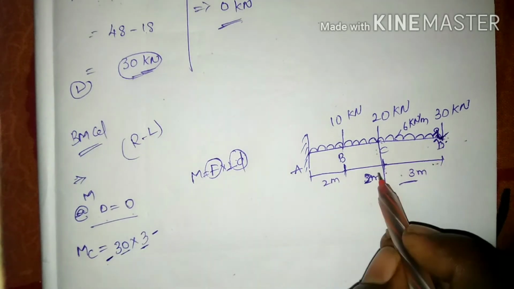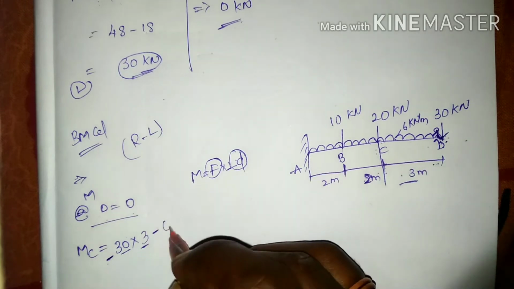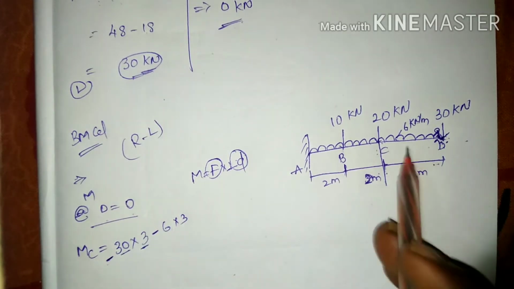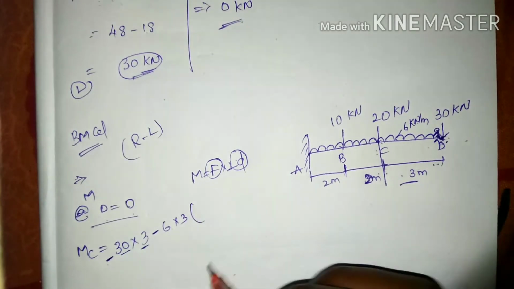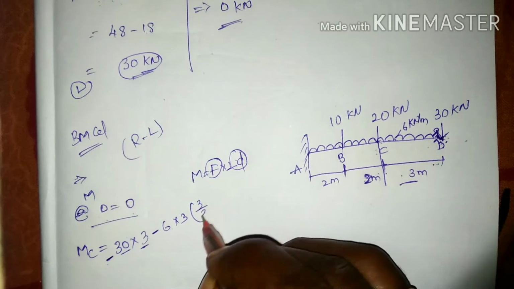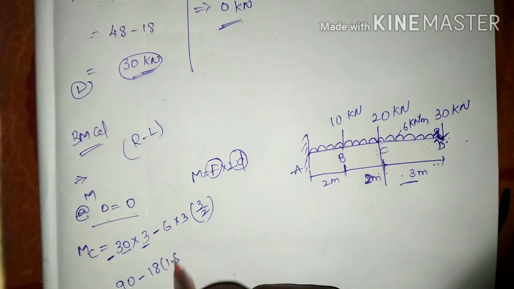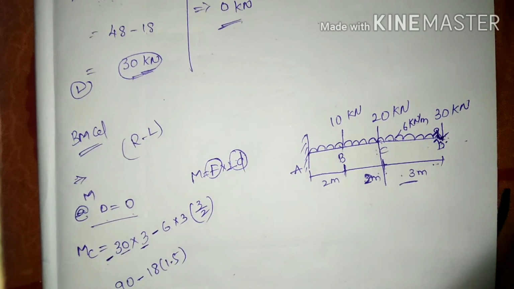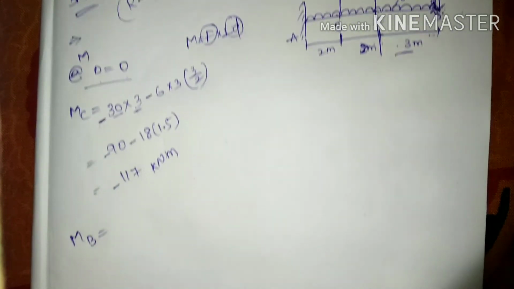Minus 30 into 3 minus 6 into 3, which converts the UDL to a point load, taking moment from the midspan of the section, that is 3 by 2, so minus 90 minus 18 into 1.5, that gives minus 117 kilonewton meter.